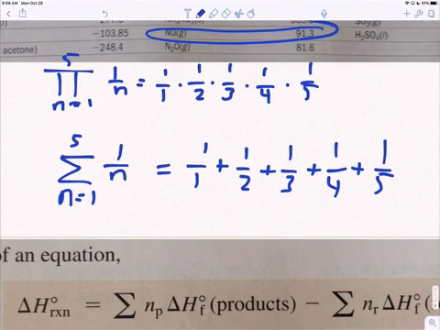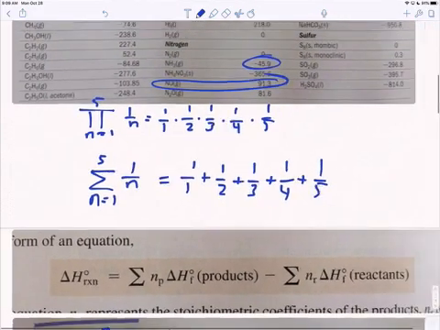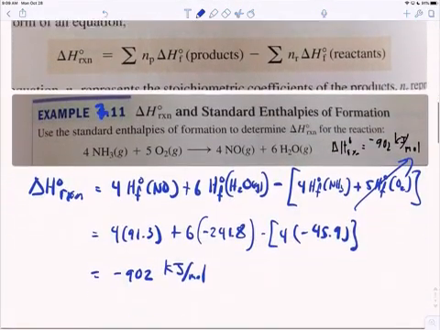And if you have a capital pi, that's a product, known as a geometric series, whereas the sigma is an arithmetic series. If you haven't seen this mathematical notation before, I guess I should have started with that before I started applying the formula. So when you see these sigmas, it's the sum.